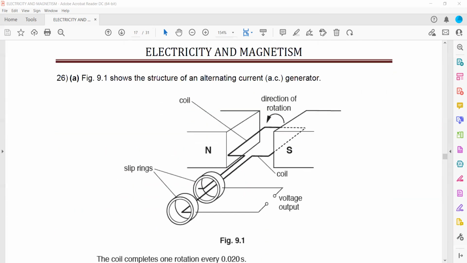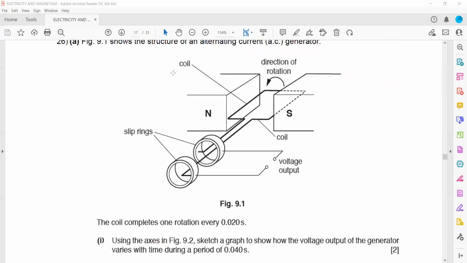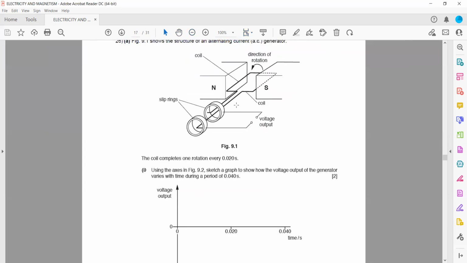Then a figure shows an AC generator. Now you want to complete a cycle using the axes in figure 9.2. Sketch a graph of how the voltage output of the generator varies with time during a period of 0.04 seconds, and it completes one cycle in 0.02 seconds. It's up to you where to start.